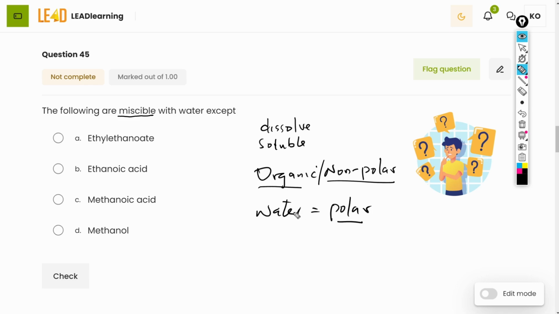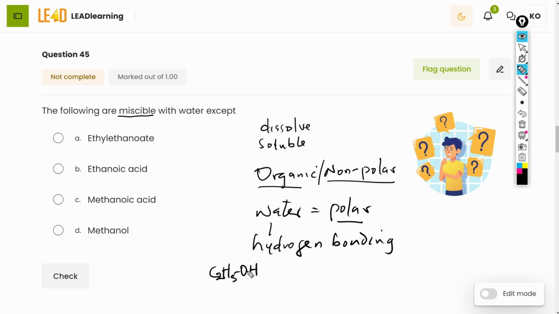However, water exhibits a unique type of bonding called hydrogen bonding. And any organic compound that is able to form hydrogen bond with water will dissolve in water. For example, if I pick ethanol, C2H5OH. Now, if you look at the formula for ethanol, there is the oxygen and the hydrogen.